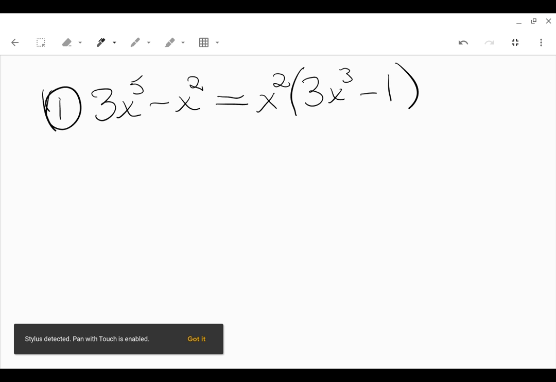Now the reason that you get that 3x cubed minus 1, that might be a part of the process where you can kind of complete this step without thinking very carefully about the details of what you're doing. But I want to talk through the details because it'll help with the more complicated problems. So we had 3x to the fifth, and you factored out x squared.